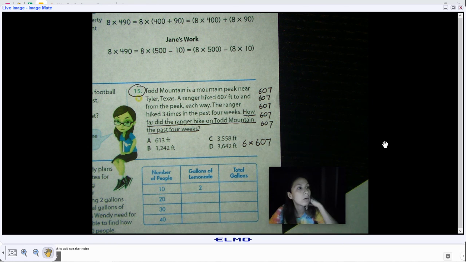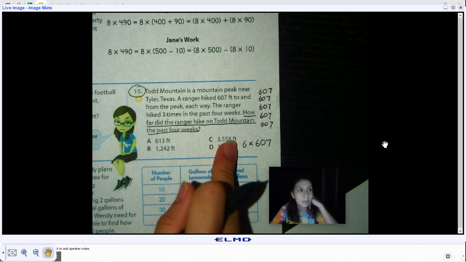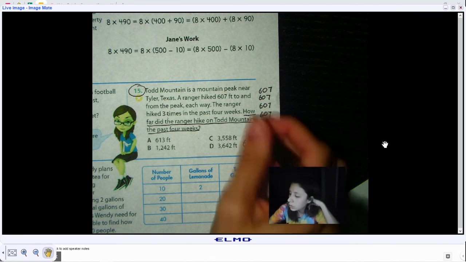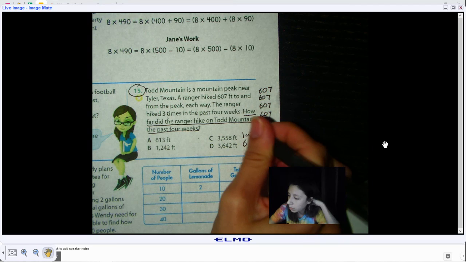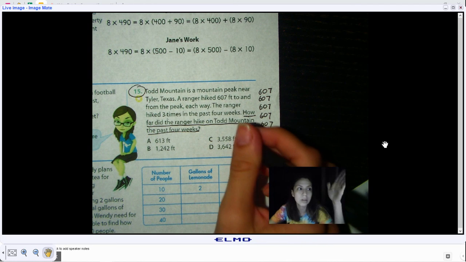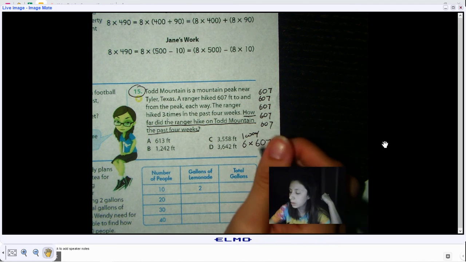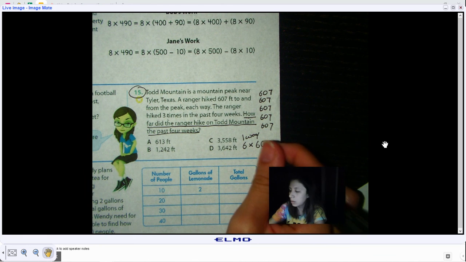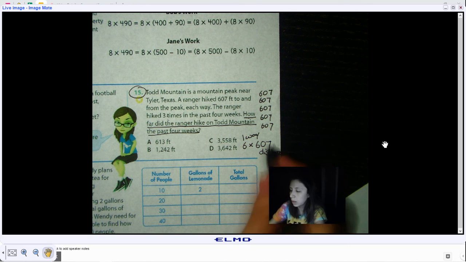And remember, I don't like naked numbers, right? So 6, we need to label what that number is. 6 is one way, right? So one way there to the peak or one way back, okay? And 607 is the distance one way. Okay, so one way, 6, we're going to do that 6 times, 607 feet.